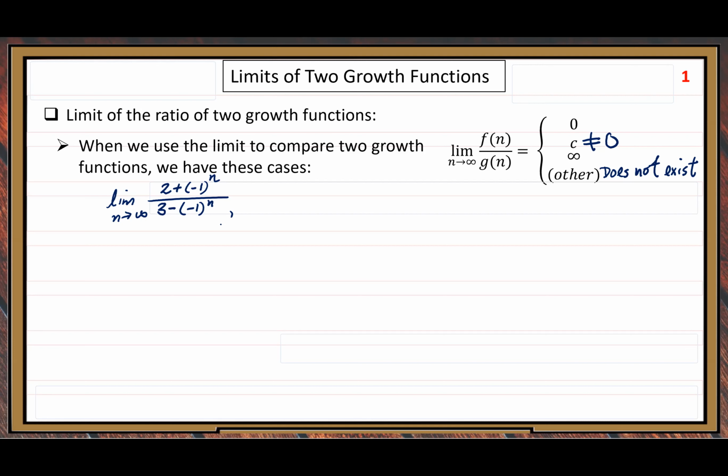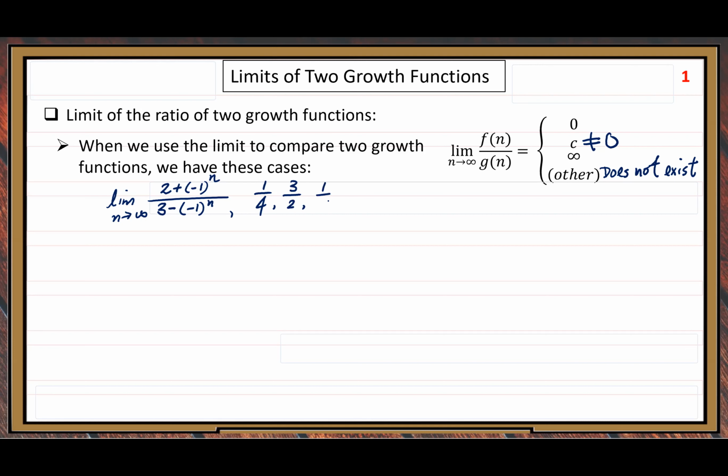Let's plug in numbers. When n equals 1, 1 over 4, right? When n equals 2, 3 over 2.